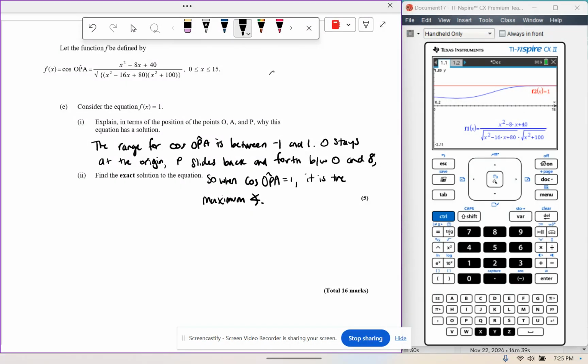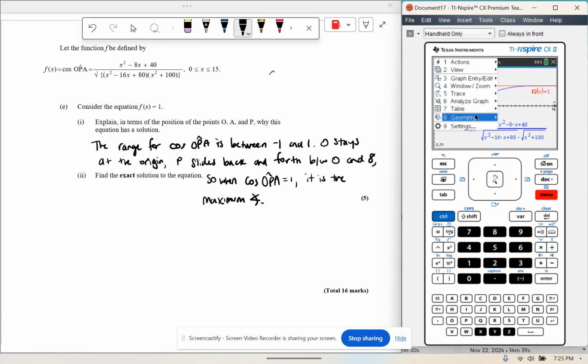And when does that happen? It says find the exact solution to the equation, so let's see what the solution would be. We're going to find the intersection of these two, and it's 13.333333 repeating.